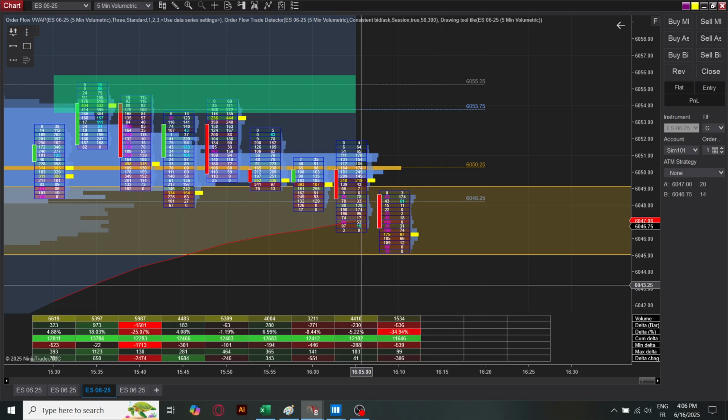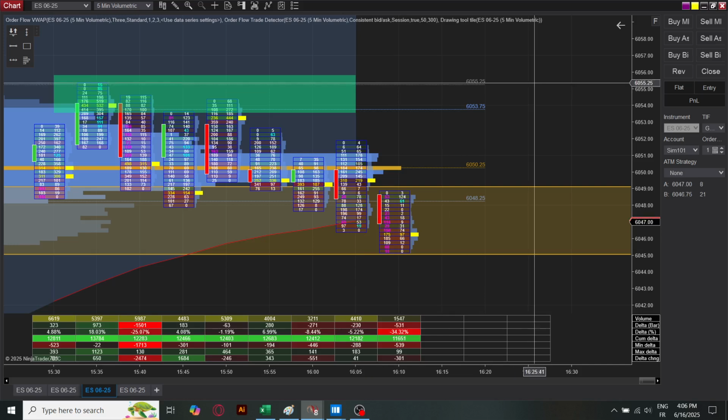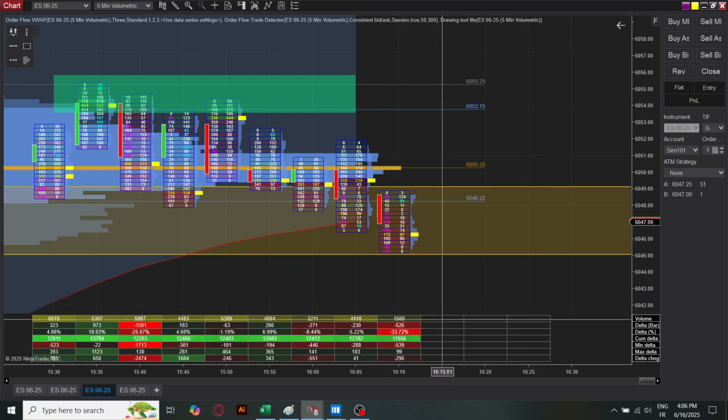We have a strong bearish candle, but I won't care about it because the volume is very low.